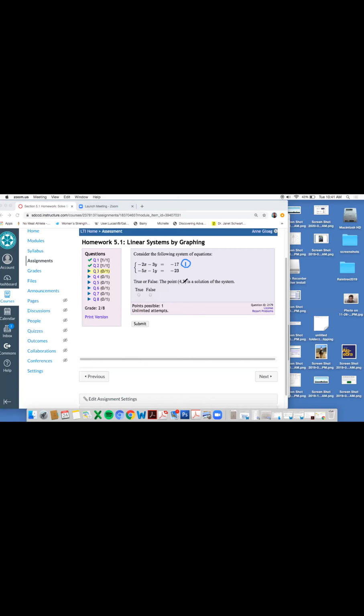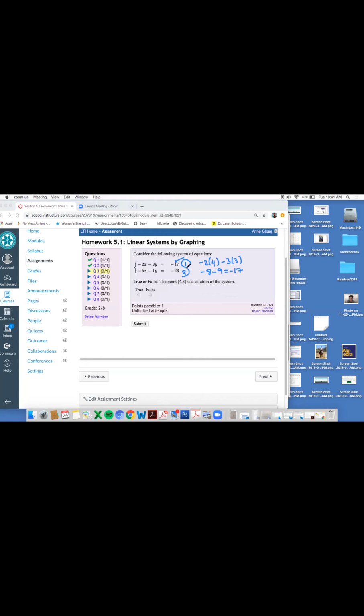So X is 4, Y is 3. So again, -2 times 4 minus 3 times 3. I plug in the X and Y values in here. Again, -8 minus 9, and that's -17. So that's good. That checks the first equation.